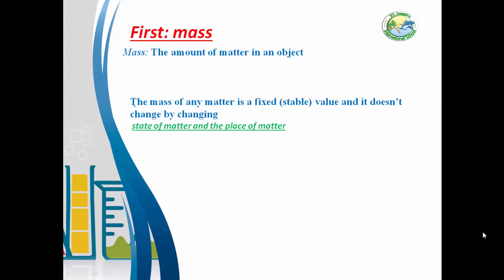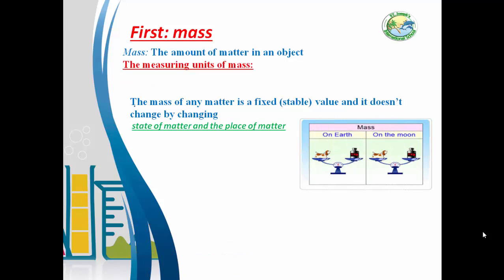Then we will move to the measuring units of mass. The measuring units of mass are gram, kilogram, and ton. Gram is suitable for measuring small masses, such as jewelry, and it is equal to the mass of one paper clip.